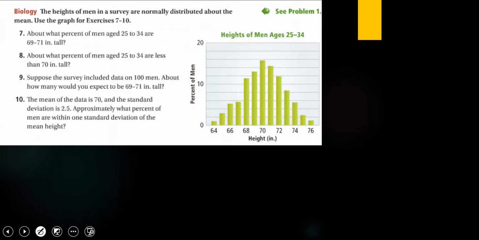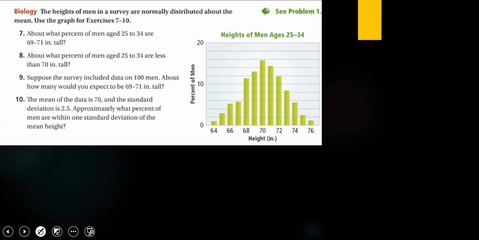Now, let's have this example here. The heights of men in a survey are normally distributed about the mean. They made a survey to find the height of men between 25 and 34.